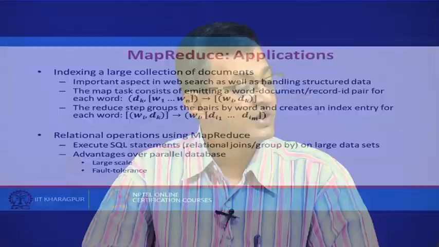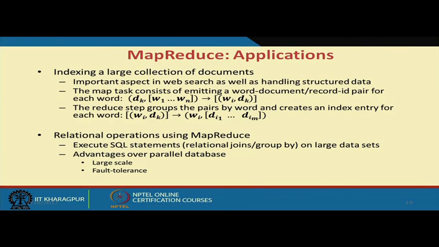So, with this we come to the end of today's talk. What we tried to do here is give you an overview of the MapReduce paradigm, how a problem can be divided into a set of parallel executions, with mapper nodes which create the intermediate results, and a set of reducer nodes which take this data and create the final results.